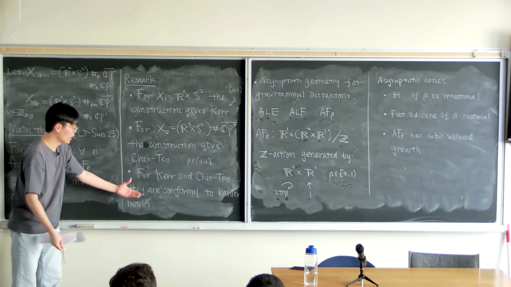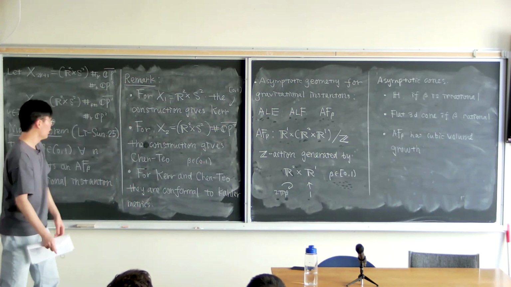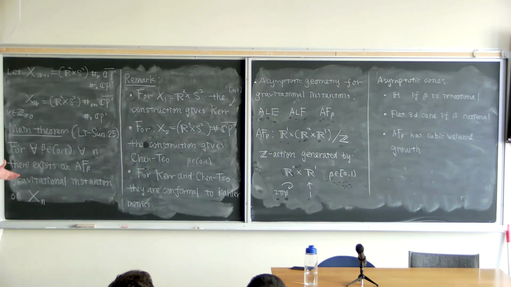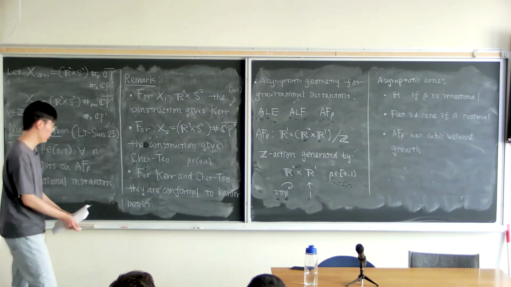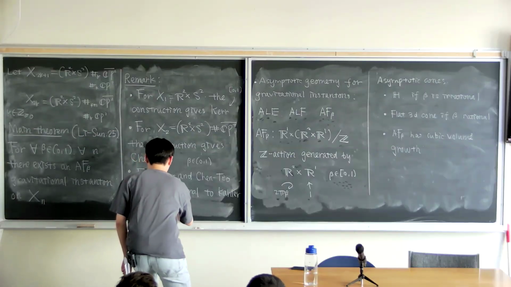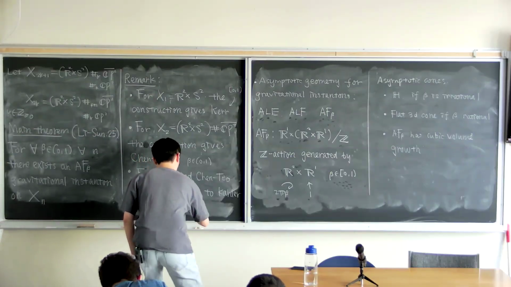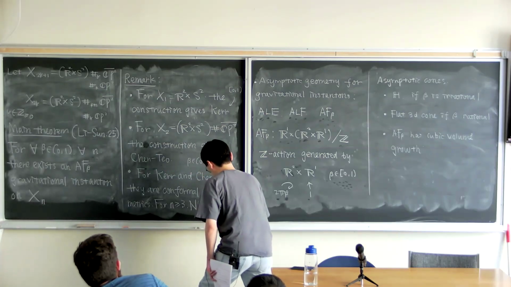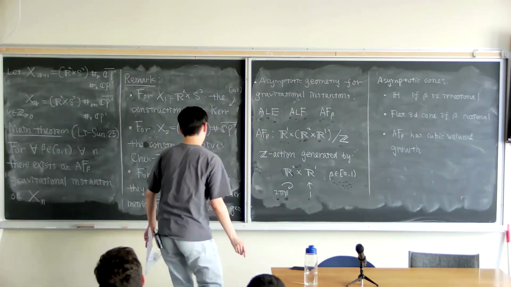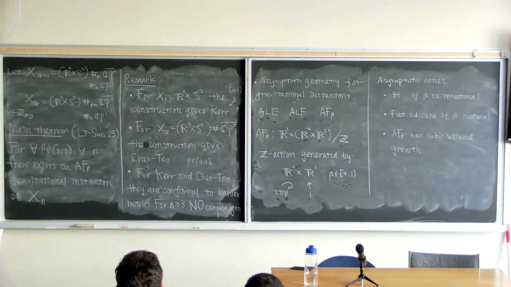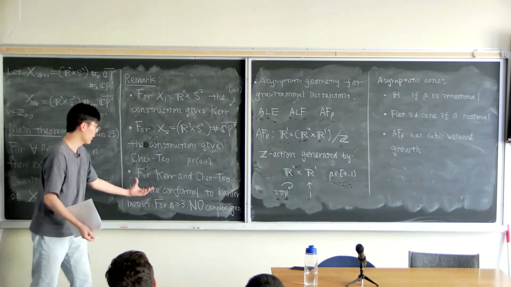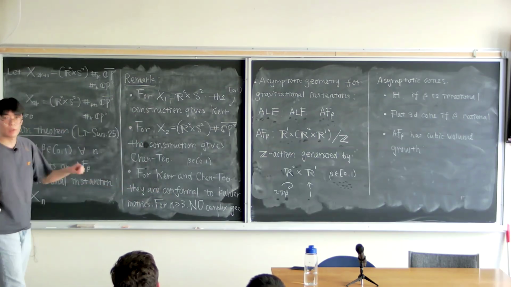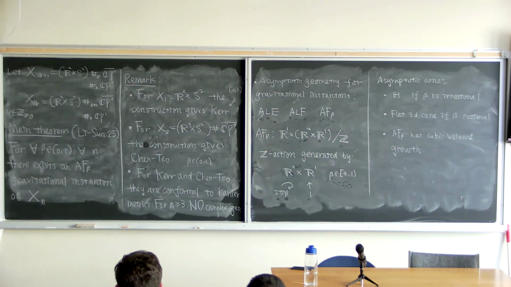For Kerr and Chen-Teo, you have a complex geometry point of view, but the very important point about our construction is if you pick n greater or equal to 3, then there's no complex geometry. That's a very important point. So this conformal scalar-flat Kähler structure only happens for n equals 1 or 2. That's kind of an important point for our construction.